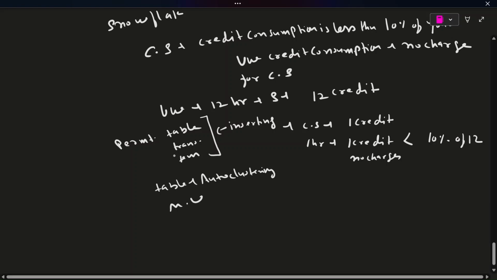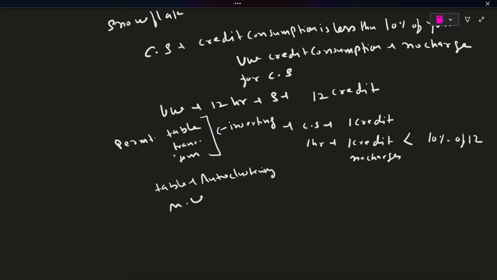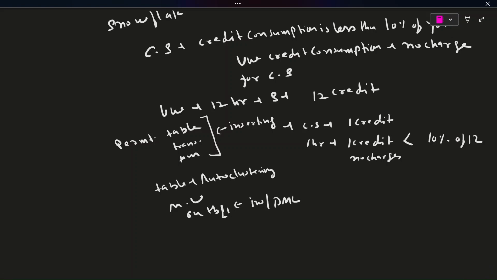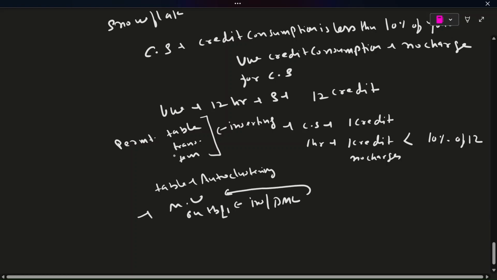And a materialized view on, let's say, table 1, which is getting heavy inserts and DML operations, which means this materialized view is getting refreshed very frequently, right?